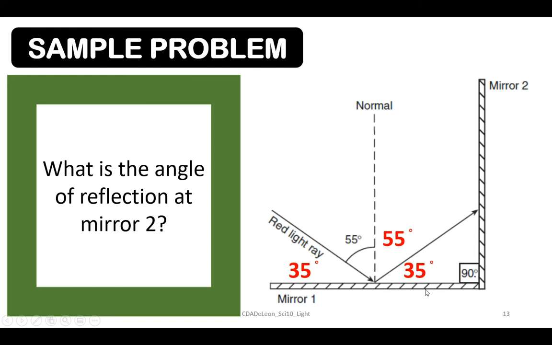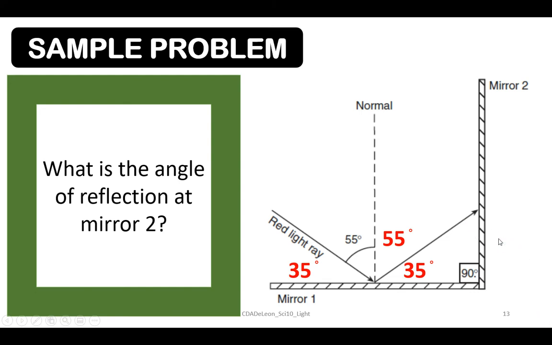Now, at this point, may problema tayo dito. Ang value ng y. Anong angle yan? So, we have a rule na ang angle ng isang triangle is collectively 180. So, let's use that provision to get the value of y.